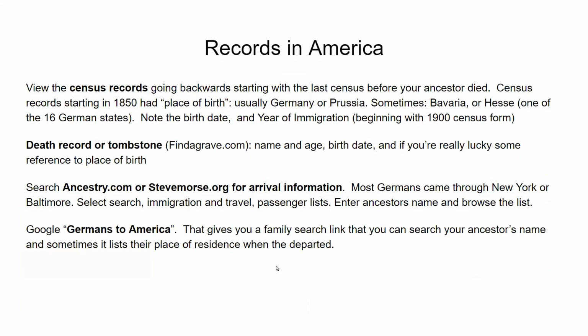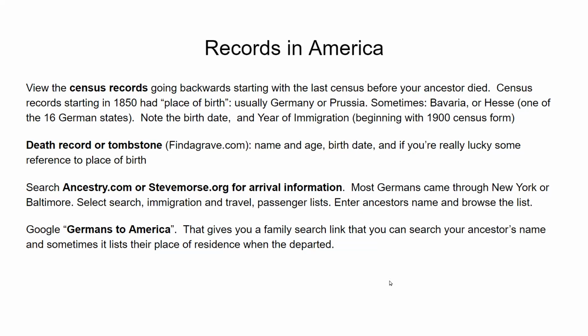Now, for me, on my father's side, both my grandparents were from Germany, and actually my wife's father immigrated from Germany as well. So we have a lot of German ancestors that we tried to trace. And where I usually started was with the census records, going backwards from the last census before my ancestor died.